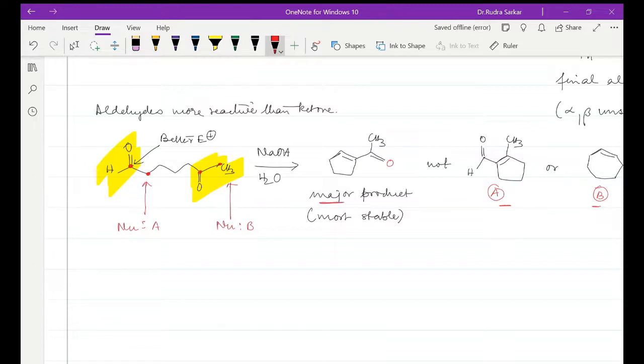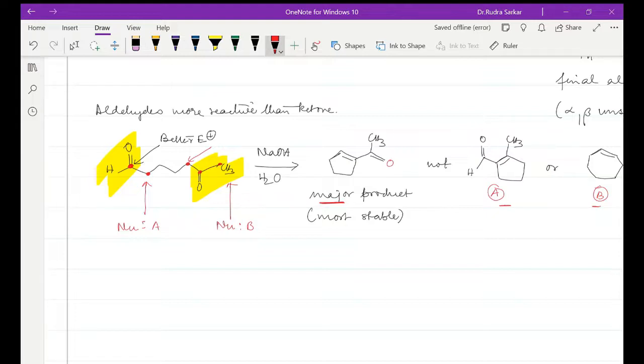This one. So over here, if this particular carbon is deprotonated and then the nucleophilic attack happens on the aldehyde, then this major product is formed.